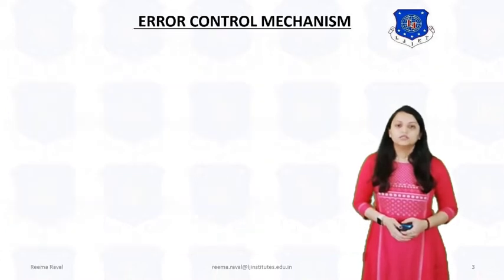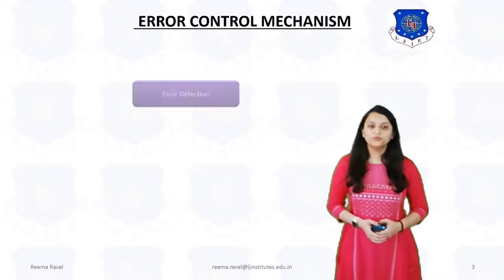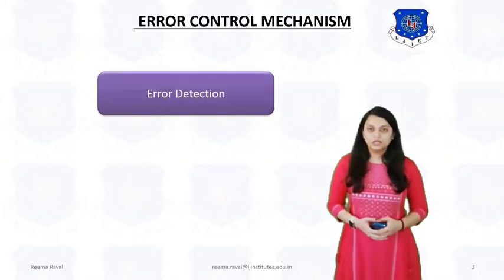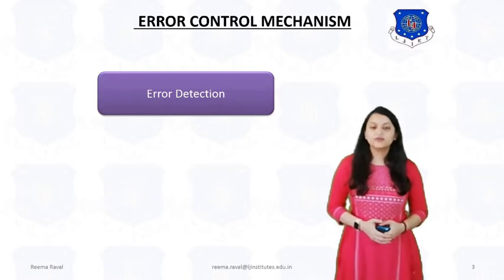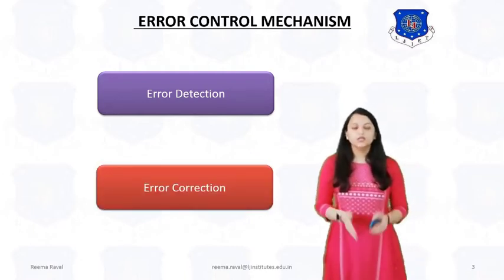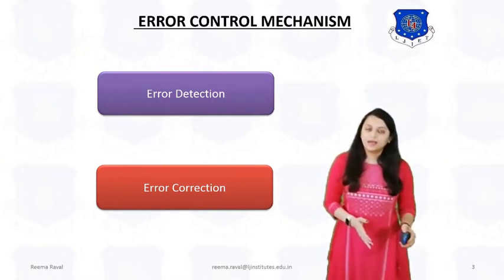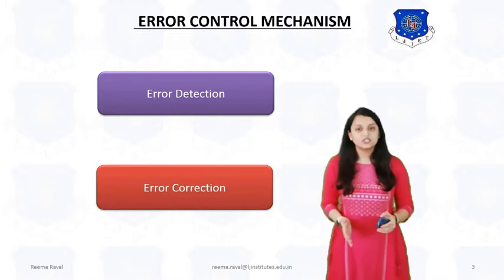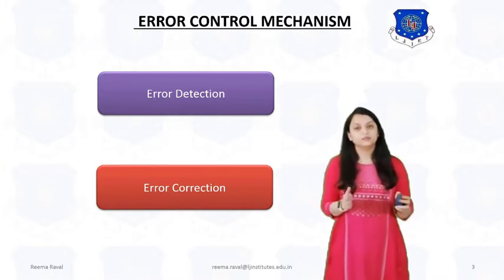Now, let us see the different error control mechanisms. We need two types of error control mechanism: the first is error detection and the second is error correction. What is the difference between these two? Error detection, as the name suggests, can only detect errors if any are present.